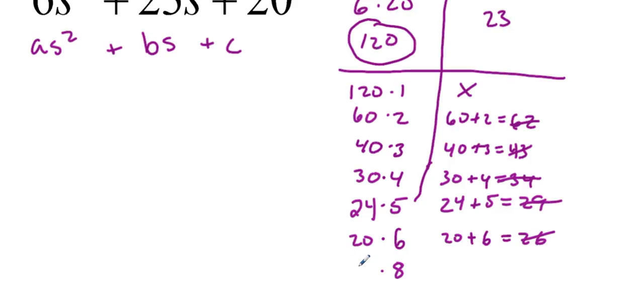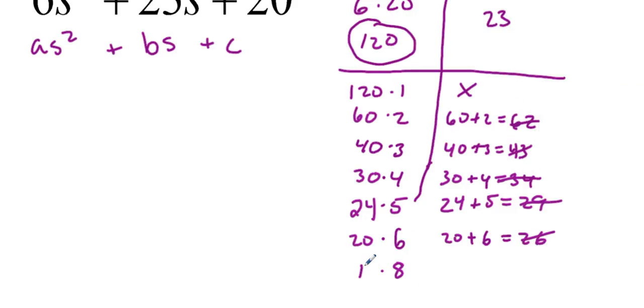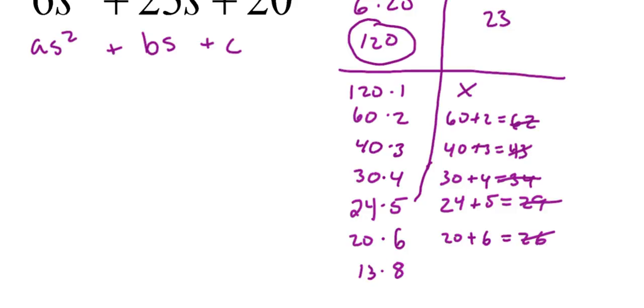If we get stuck, let's put up a little calculator here. Let's see if this works out. If you're not sure, let's divide 120 by 8, and what do we get? 15.